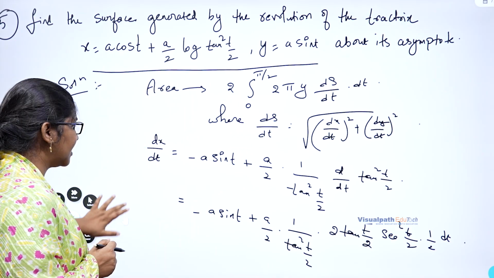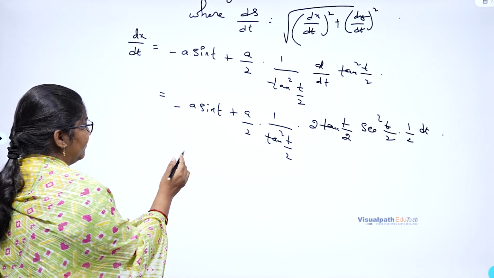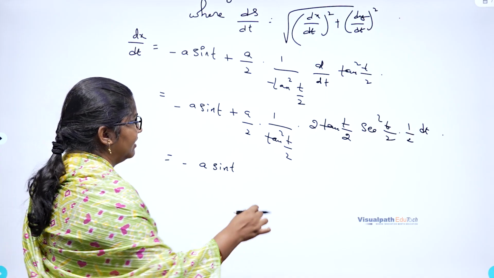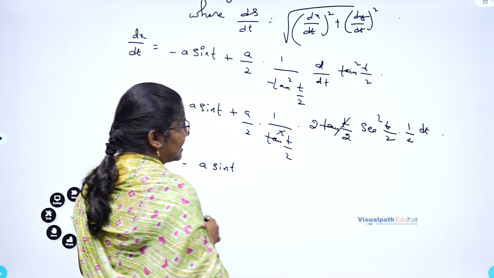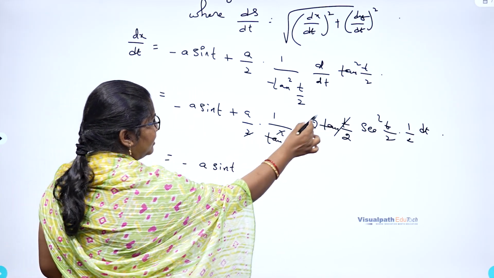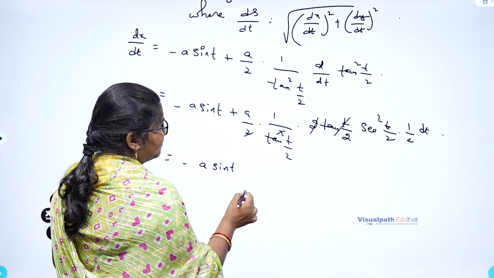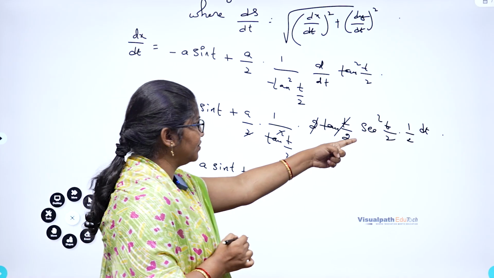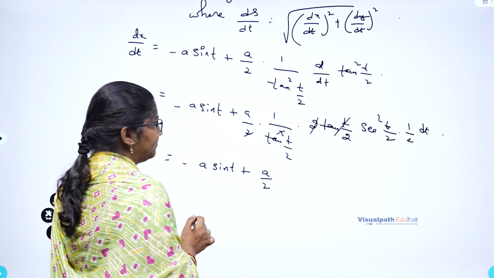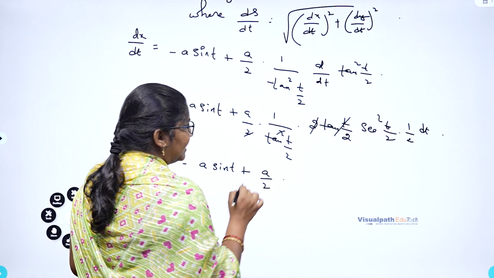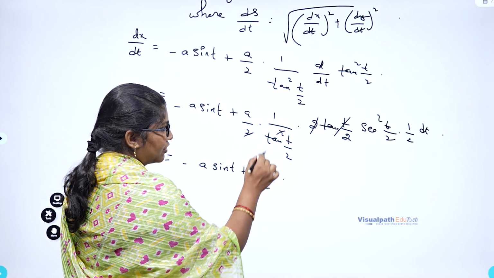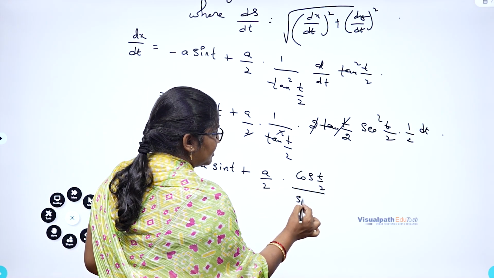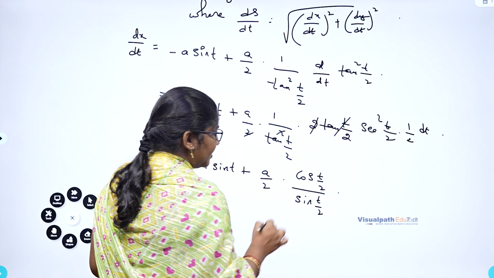Okay, now simplification should be done. Minus a sin t, minus a sin t. One tan will get cancelled. Here 2 and 2 also will get cancelled. Plus a by 2, here also 1, 2 is remained. A by 2. 1 by tan is nothing but cot, which is cos(t/2) by sin(t/2).